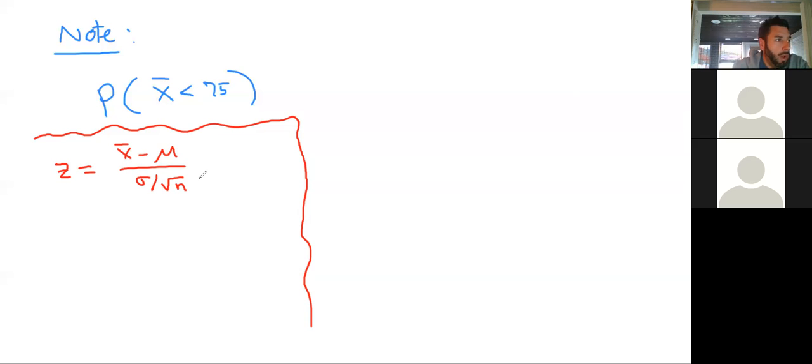So one thing I can do is just plug numbers in and see what happens. So z is equal to 75, and then our mu is 72. Our sigma was 6, and then this is the square root of 15.